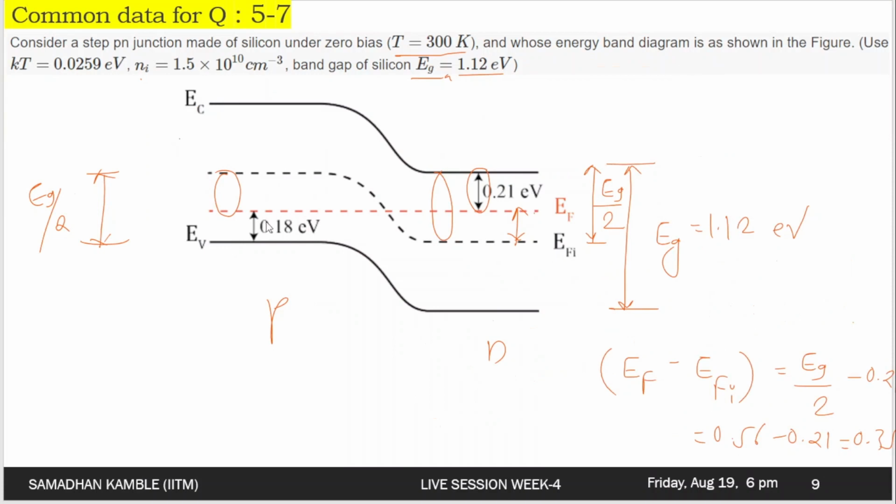We also know this other difference, so we can find EFI minus EF, and that comes out to be 0.56 minus 0.18.